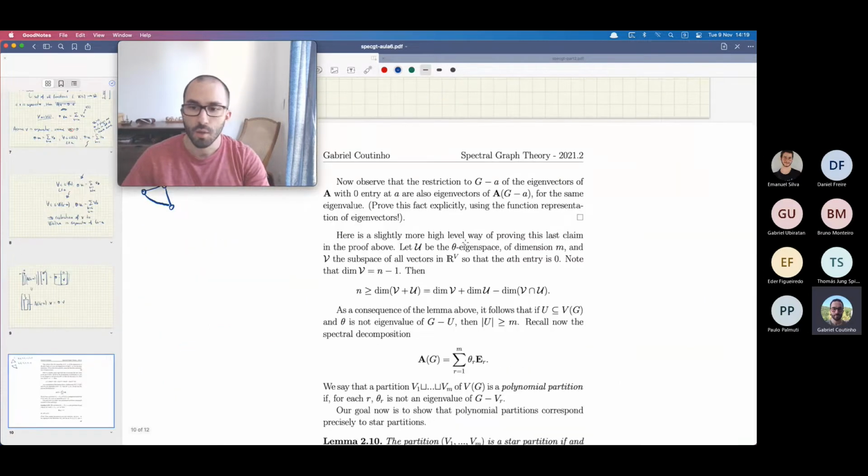Another way, if you want, which is slightly more high level, is for you to realize that if U is the theta eigenspace and V is the subspace of all vectors with the a-th entry equal to 0, well, you know that U has dimension m, V has dimension n minus 1, and therefore the dimension of their sum is at most n, and the dimension of the sum of subspaces is the sum of the dimensions minus the dimension of the intersection.